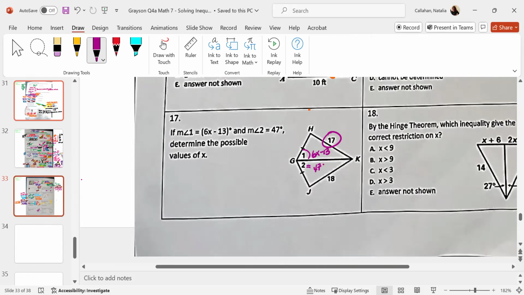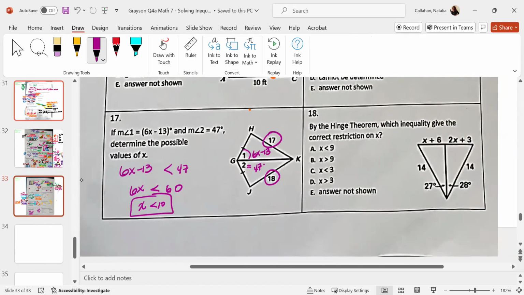What's the opposite side of 47? 18. So which side is bigger? 18 is bigger, right? That's a side. So if 18 is bigger, then your angle 47 is bigger than 6x minus 13. Does that make sense? So now let's solve it. And that's really it.